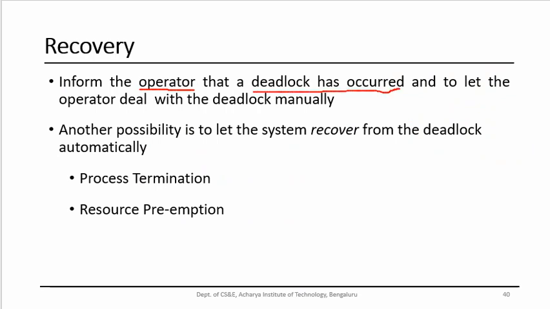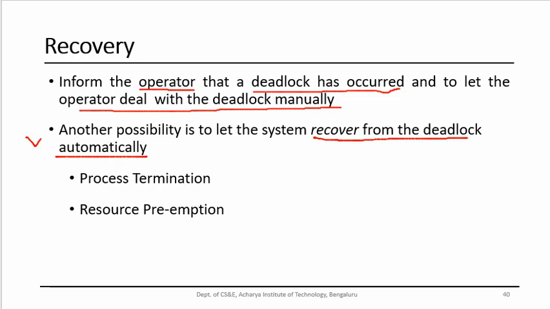Operator in the sense the user of the computer. And it is up to the operator to deal with it. So he can restart the computer or use some other means, or kill the process, to overcome the deadlock. The second approach is the system recovering from the deadlock automatically.